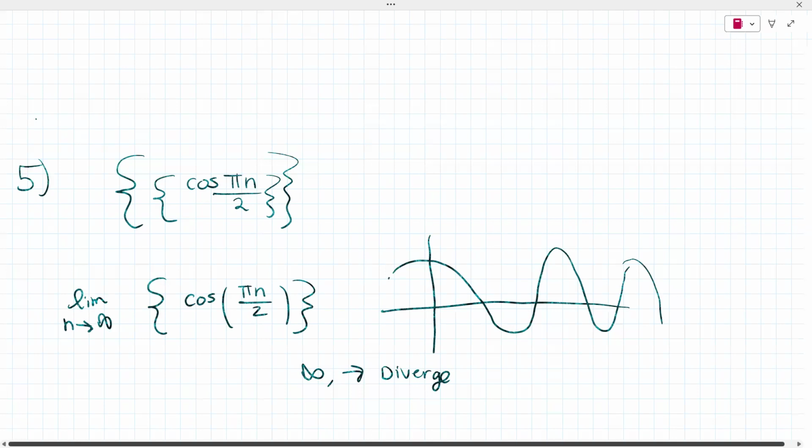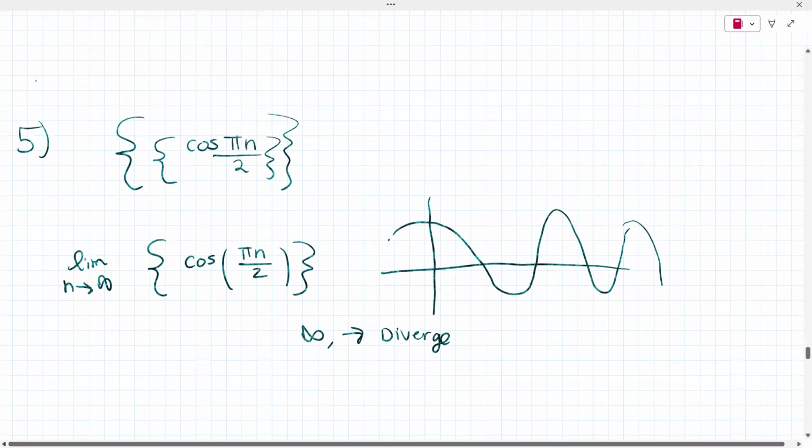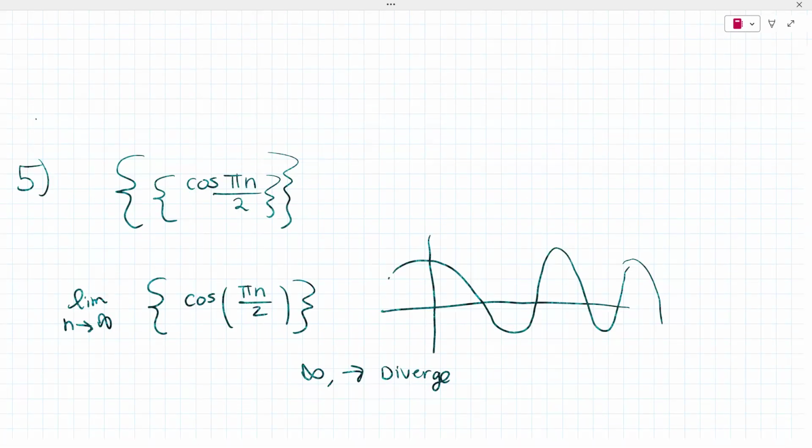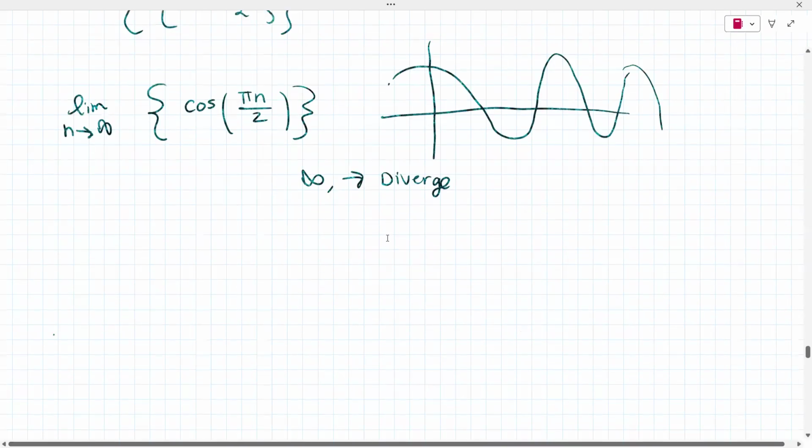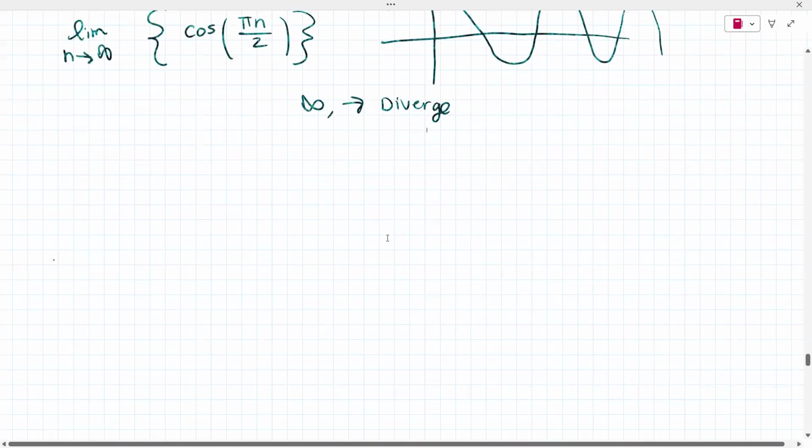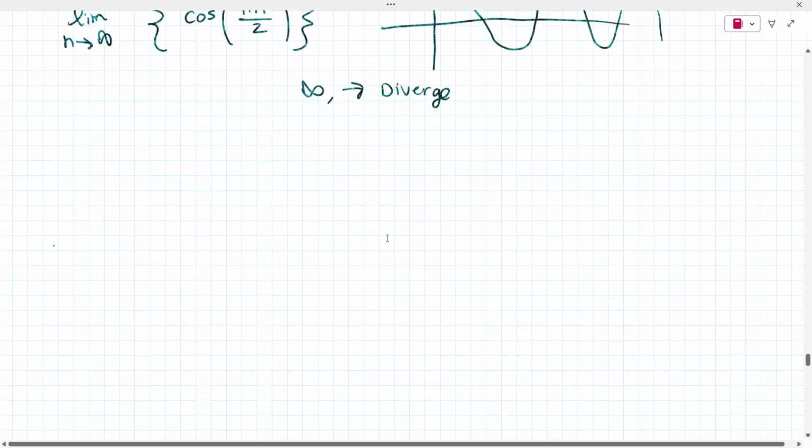Okay, let's move on to determining converge or diverge for infinite series. Later on, there are a lot more tests we can do to determine if a series converges or diverges.